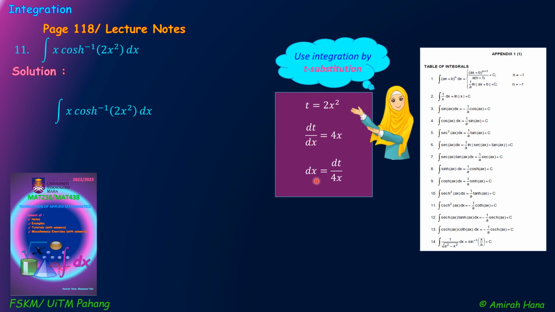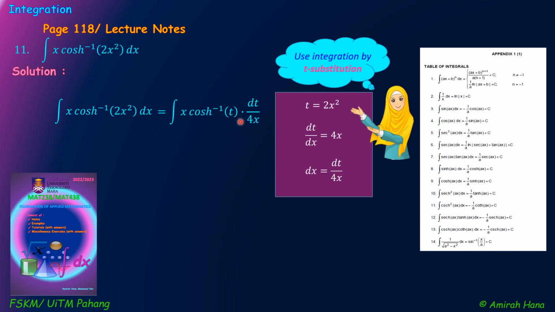After that, we need to write dx as the subject. So we get dx equals dt over 4x. Then we substitute back into the given question, writing in terms of t and dt. So it equals the integration of x, inverse cos, and we replace 2x squared by t, and then dx equals dt over 4x.